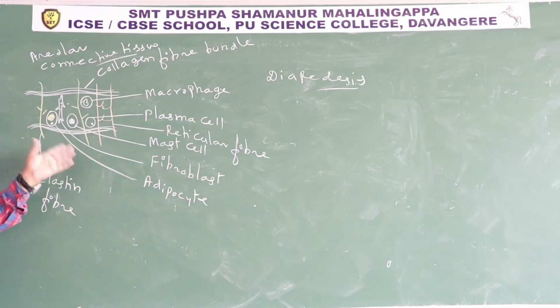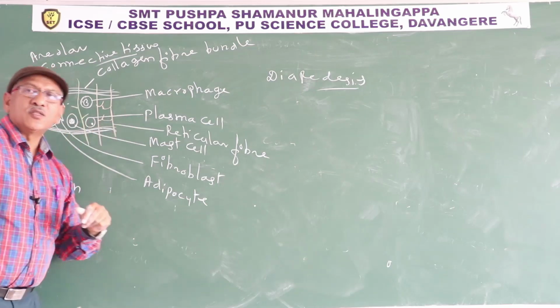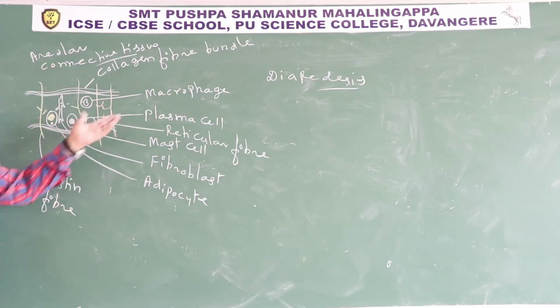If the tissue is injured or infected, mast cells release amines. These amines are responsible for inflammation of the tissue. Adipocytes are the cells that store fat. Next one, plasma cells. B lymphocytes undergo division. As a result, plasma cells are formed.